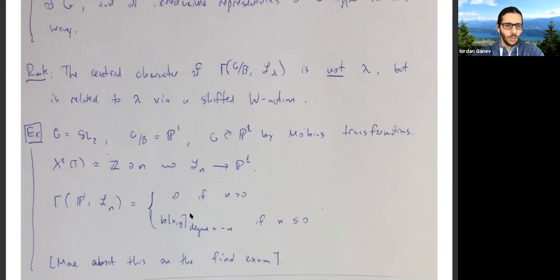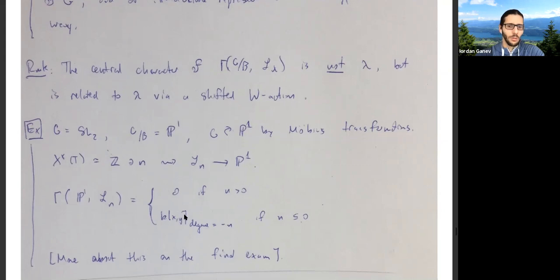In any case, we do get homogeneous polynomials in two variables appearing as the global sections, and those give you all the representations of both the Lie algebra SL2 and the group SL2.